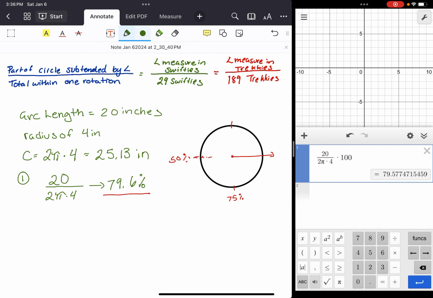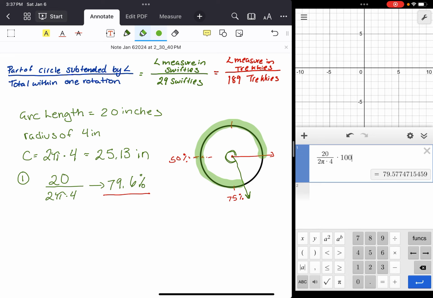So that's going to be more than 75%, obviously less than 100. And so we'll go over here a little past that 75 mark. And so the angle we're talking about is this piece. So that 20 inch arc is this whole length around the edge. So it's a very big angle. It's more than 180 degrees if you're thinking in terms of degrees, which we're trying to not, but just in our heads.